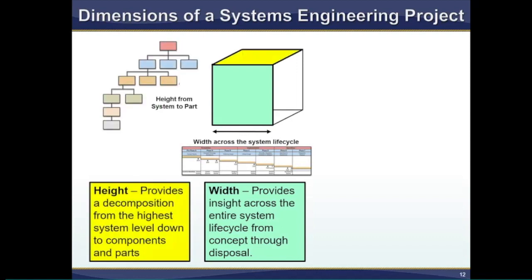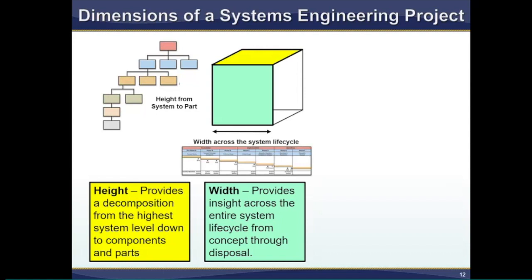The cube also has height, right? And that height provides a decomposition of our system from the highest level to the lowest level, from the system to the part. Decomposition is something that we do on the left-hand side of the systems engineering V, and this is something that, as systems engineers, we should be familiar with and comfortable with as we're working with our systems.